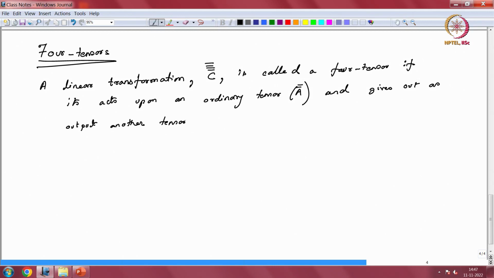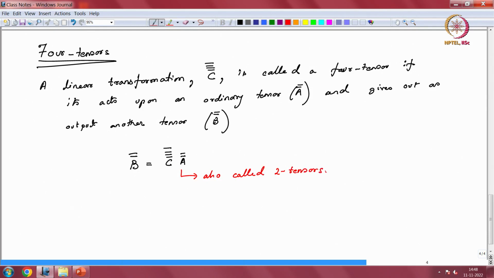Obviously a similar type of tensor, it cannot be a different type. So here we'll write this as: C acts upon A and gives rise to another tensor B. Now these are tensors we have already seen before, and this can also be called 2 tensors.